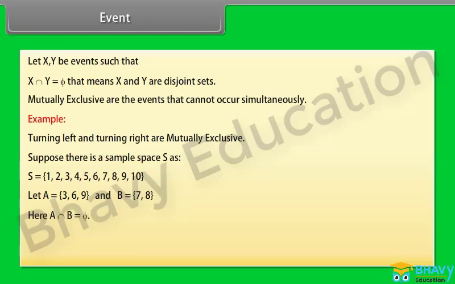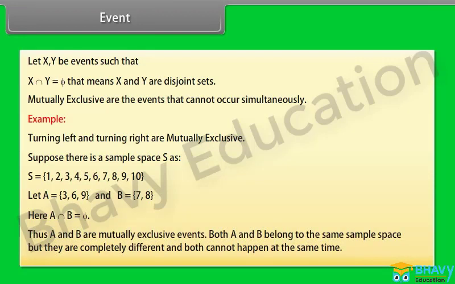Here A intersection B is equal to phi. Thus, A and B are mutually exclusive events. Both A and B belong to the same sample space, but they are completely different and both cannot happen at the same time. Exhaustive events.